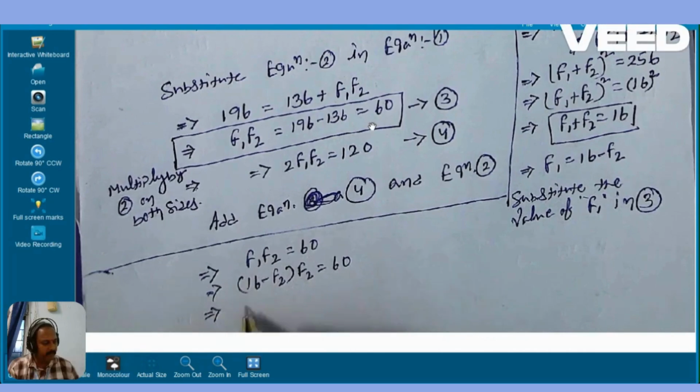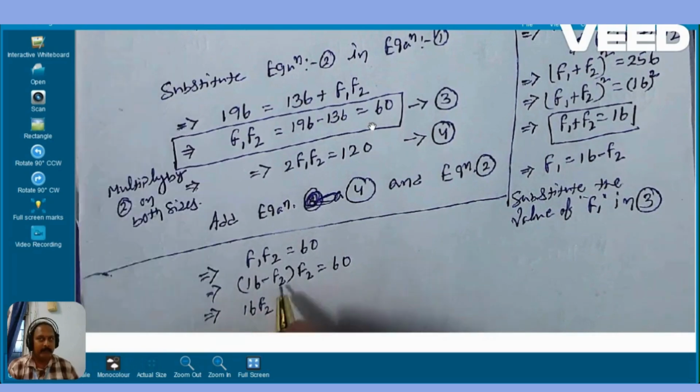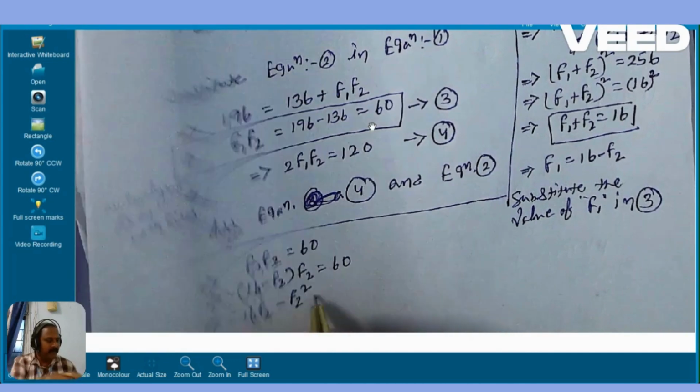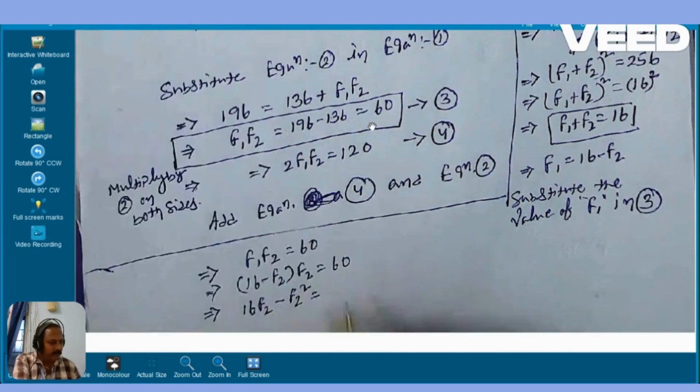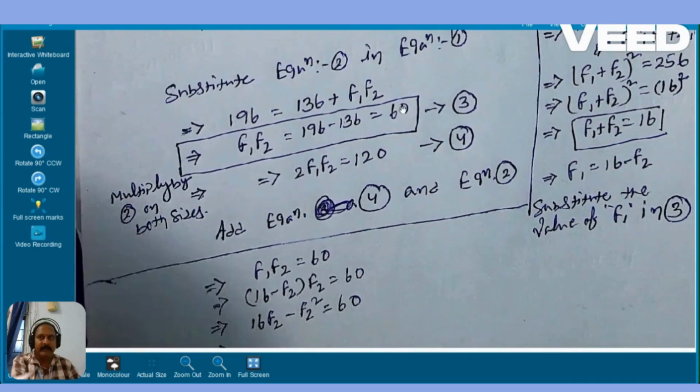So what do we get here? 16 f2 minus f2 square is equal to 60.